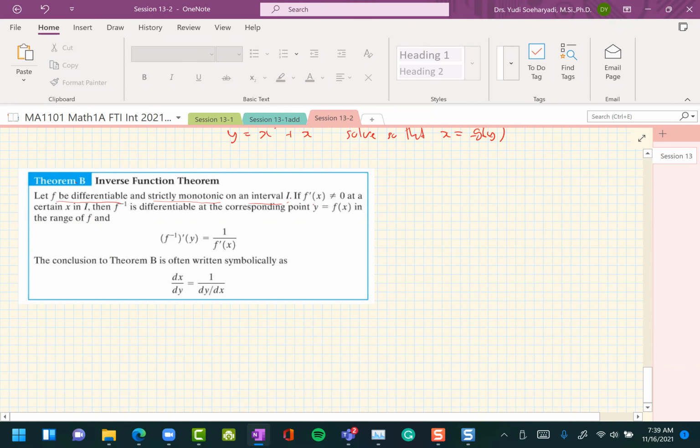Okay, if the derivative is non-zero at a certain x, then f inverse is differentiable, and the derivative at y you can compute by just 1 over the derivative of f.